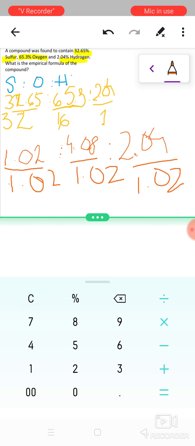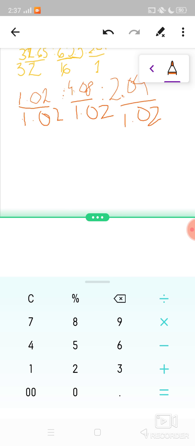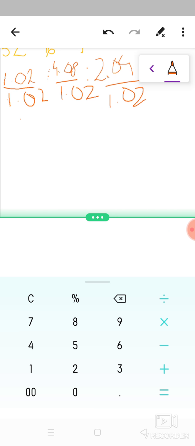Let's divide. 1.02 divided by 1.02 is definitely 1. These are colons and this is the ratio sign.